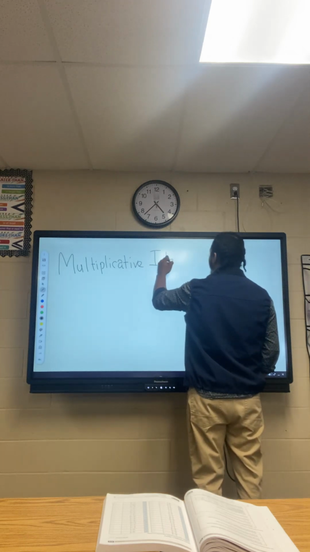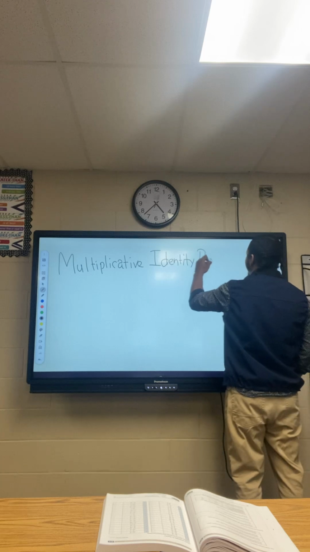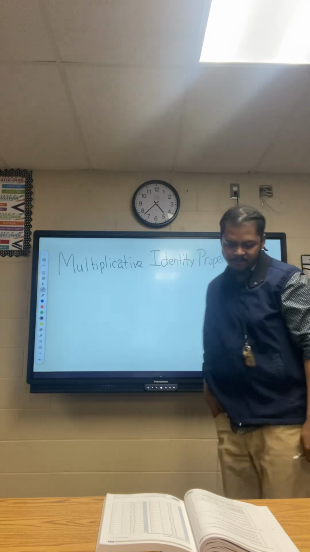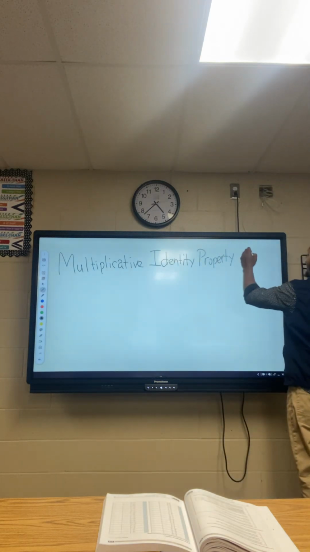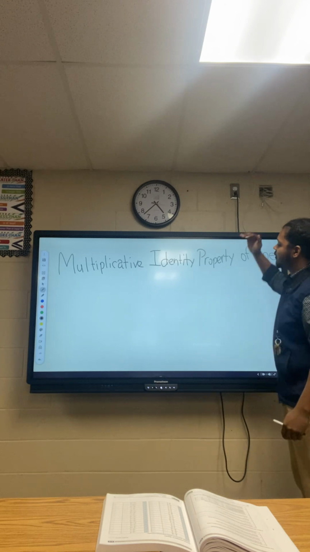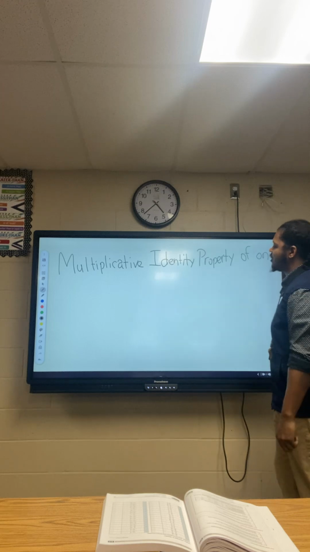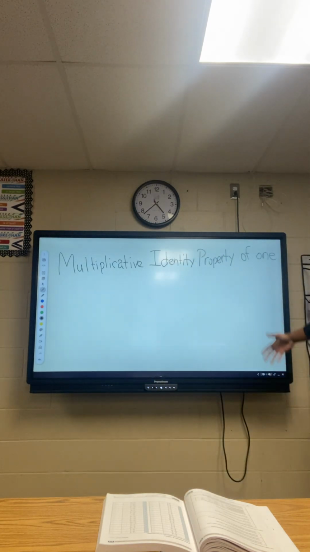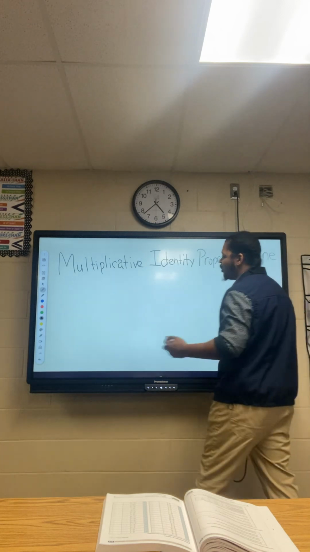Identity property of 1, okay? So now, we did addition, then we did multiplication, then we did addition again. Now we're back to multiplication, okay? So the multiplicative identity property of 1 sounds very, very difficult, but it's not. So if you want an example, here's how it works.